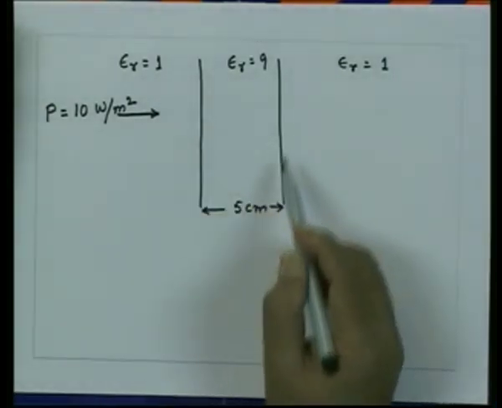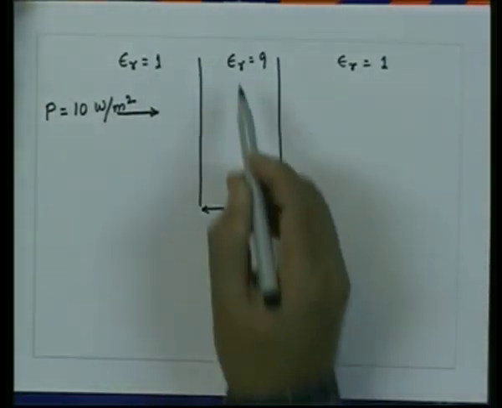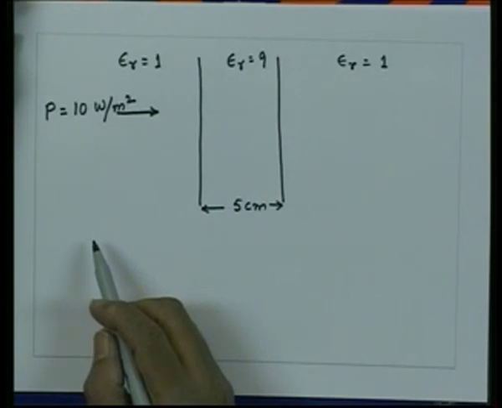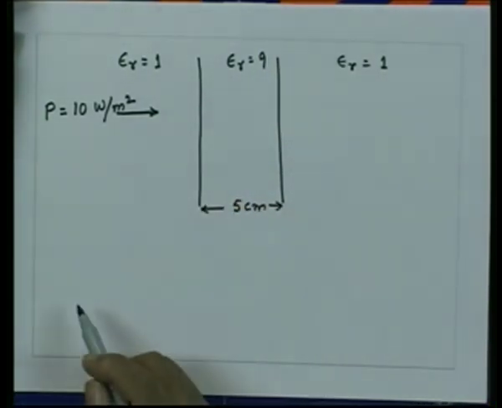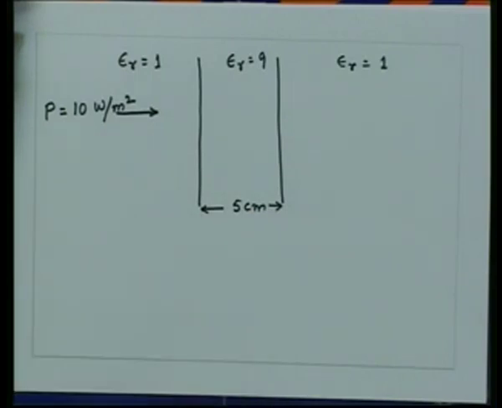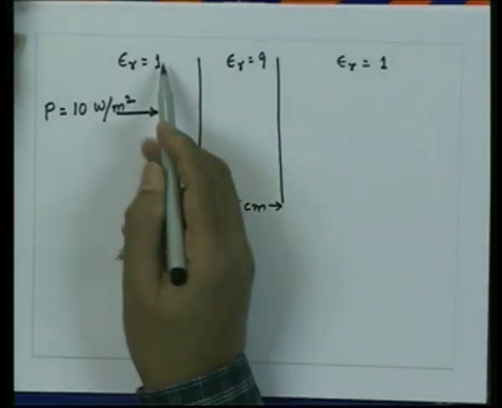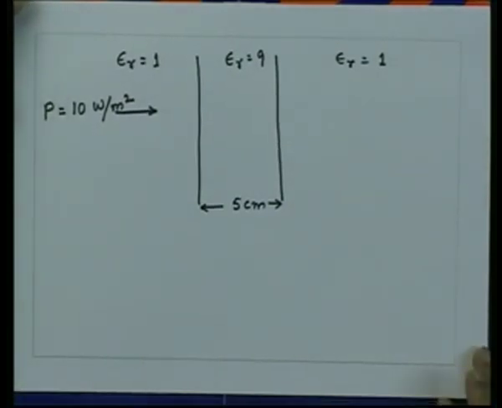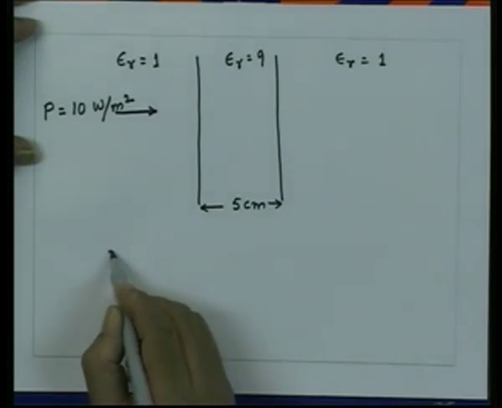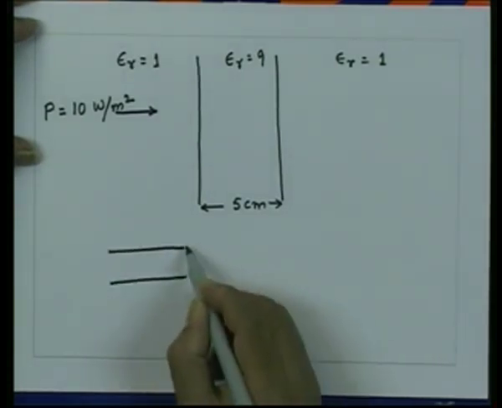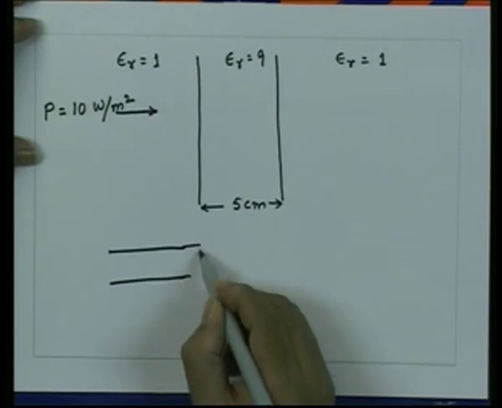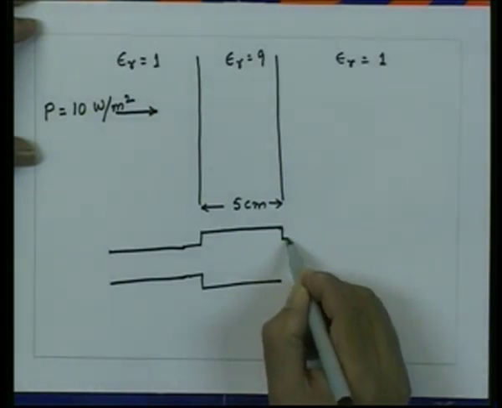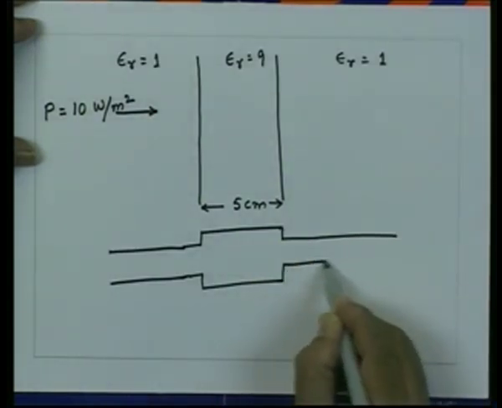Then you have another section here whose medium parameter is different, so it has a different characteristic impedance, and then on this side again you have an infinite medium, another line with an impedance corresponding to epsilon r equal to 1. So, one way to solve this problem is by analogy with the transmission line: this is equivalent to a transmission line, then another transmission line here, and then the same transmission line again which continues up to infinity.